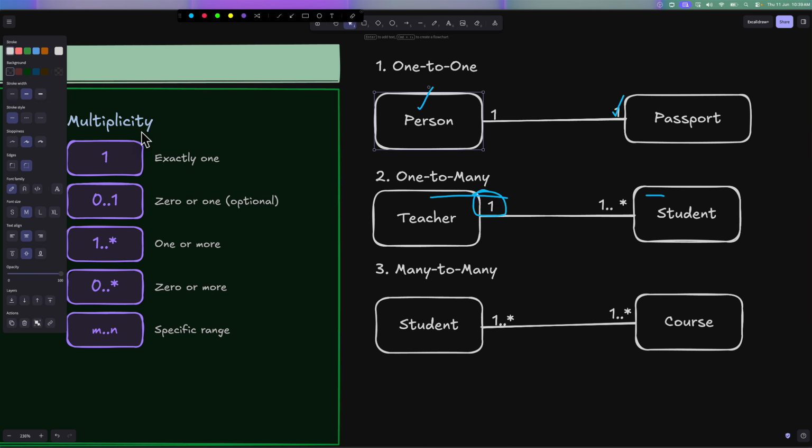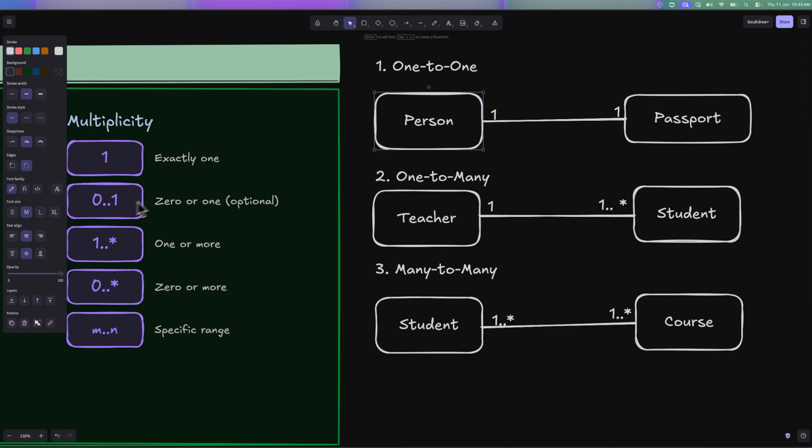As usual, multiplicity has various forms. Exactly one means one instance of a class. So one person instance should be associated with one passport instance, and similarly one passport instance with one person instance.